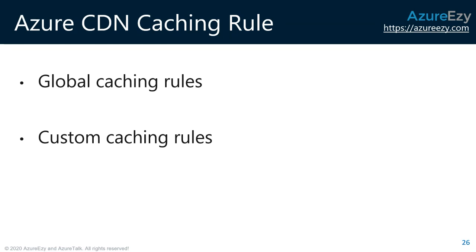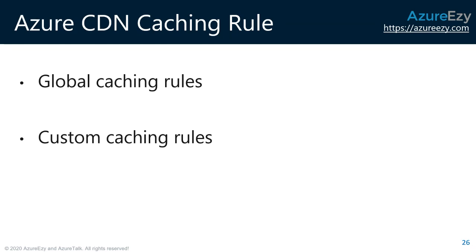So if you have a CDN profile configured, then you configure some endpoints, and for every endpoint you can create one global caching rule. If you have to create multiple caching rules, in that case you can create the custom caching rule. You can create one or more caching rules for each endpoint in the CDN profile.